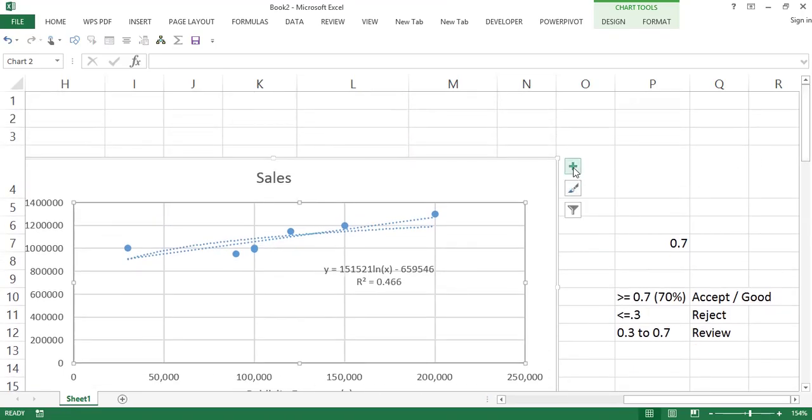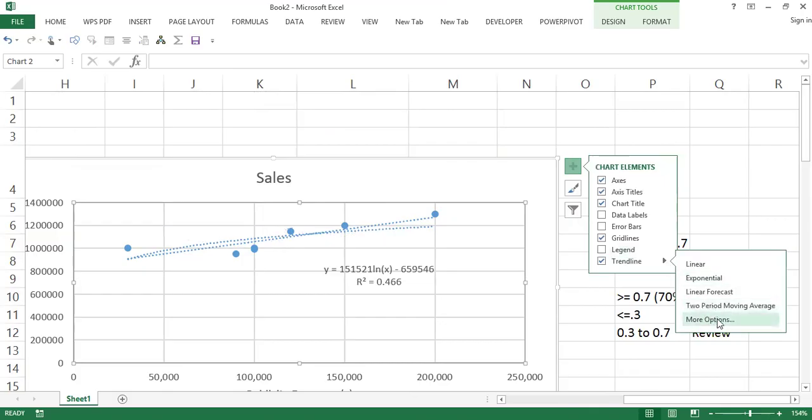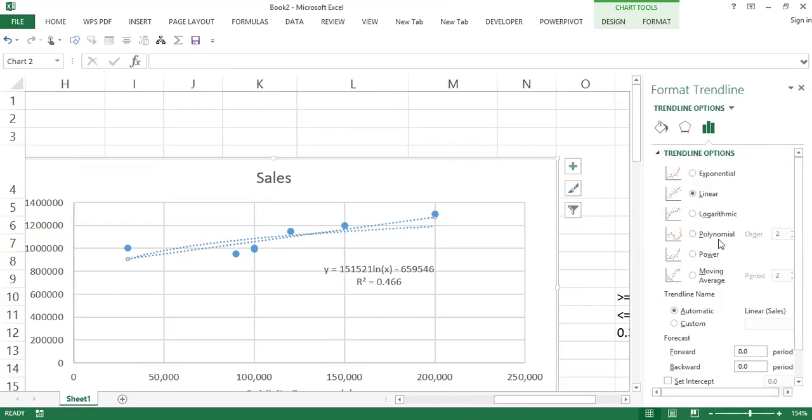Okay, so the last one, which I have not explained, is the polynomial. It's like you have a sine curve or modulating curve that goes up and down.